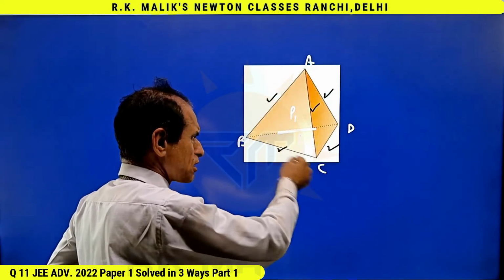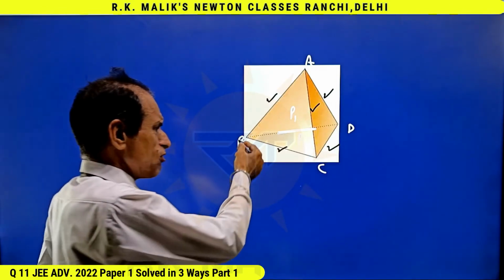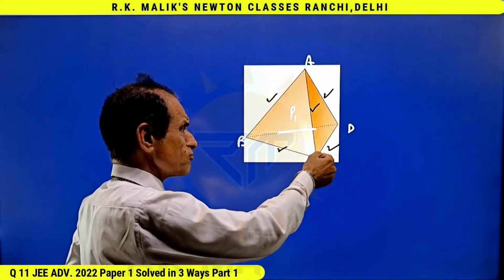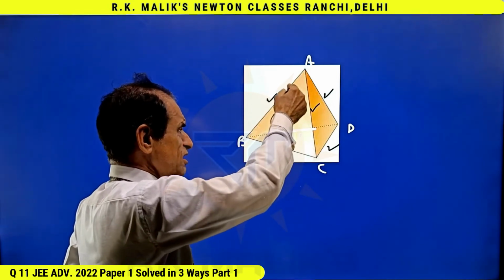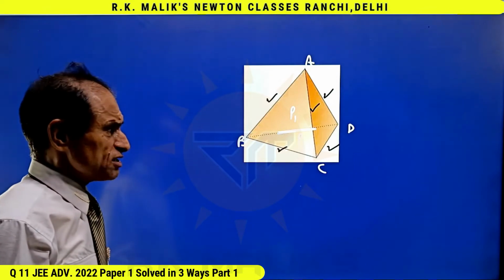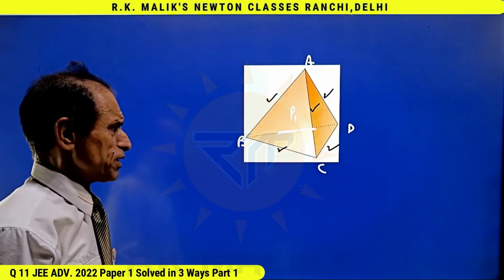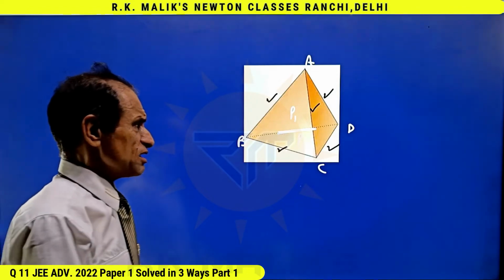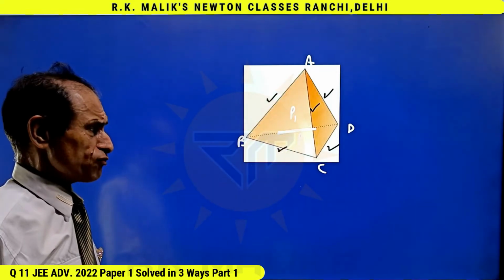Or line completely lies on the plane P2, then it will be of the type BC or CD. Or the line is of the type AC. That is, line is cutting the plane P1 and P2 at two distinct points. If some line is cutting the plane P1 and P2 at two distinct points, then that line will be of the type AC. Now you must have understood the way of doing question.